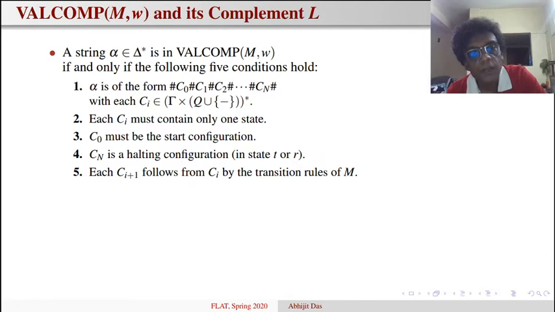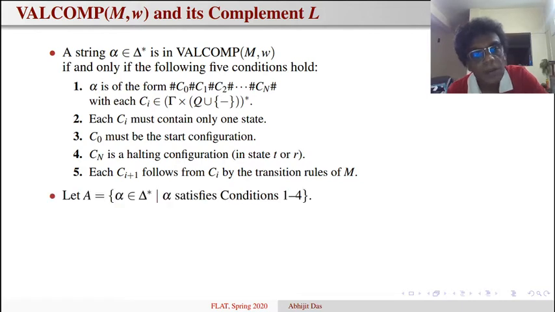Now I define 2 important sets, A and B. A consists of all strings over delta such that alpha is syntactically correct, that is, it satisfies conditions 1 through 4.